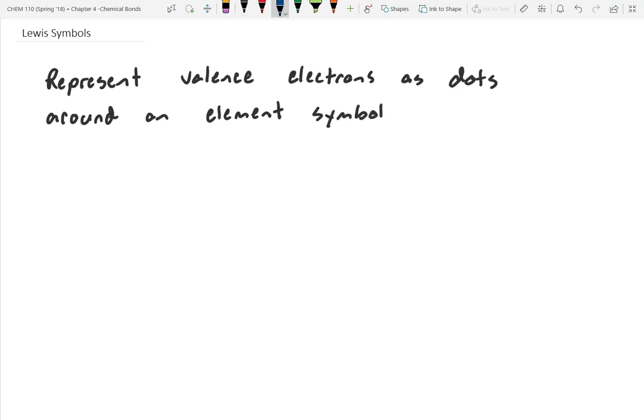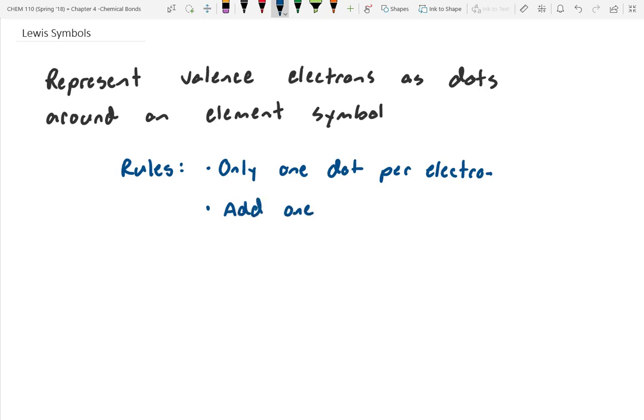And I'll show you the really basic rules. The rules are straightforward. Only one dot per electron. And then the second rule is add one dot per side of your symbol. Then start pairing.